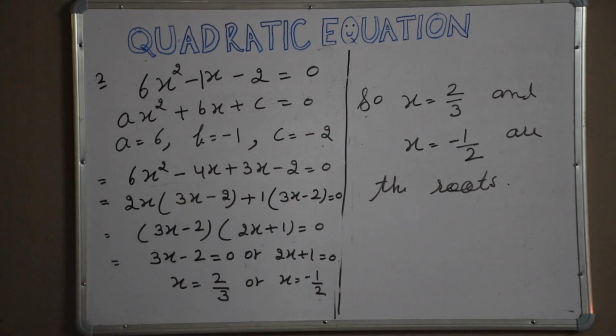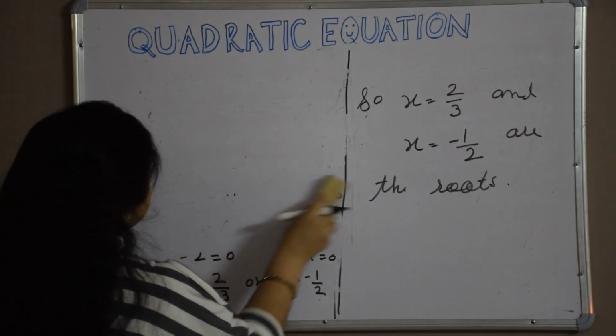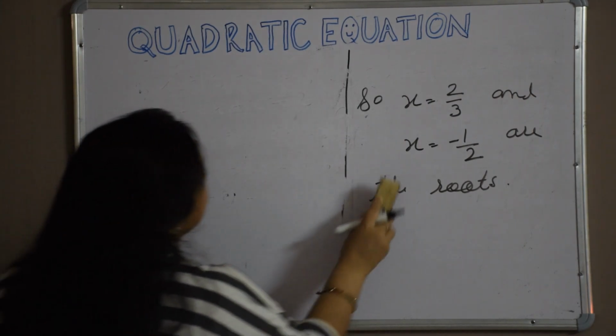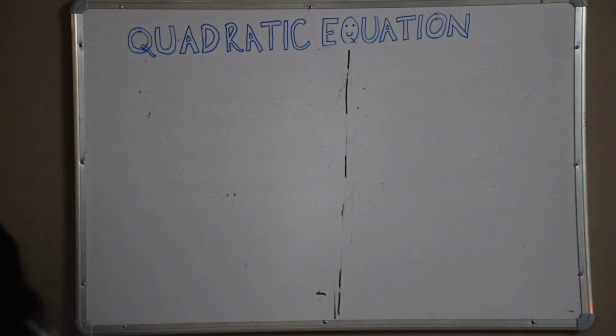So we already found them. Now we will consider one more example, and that one will involve irrational numbers. Here the numbers a, b, c were all rational, but now we will take irrational numbers.